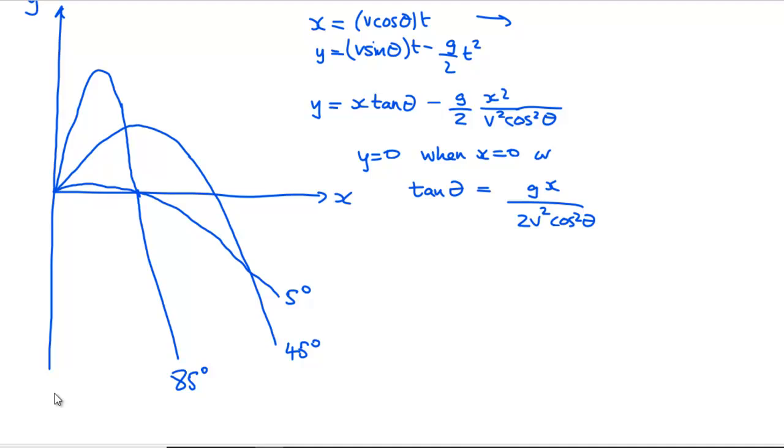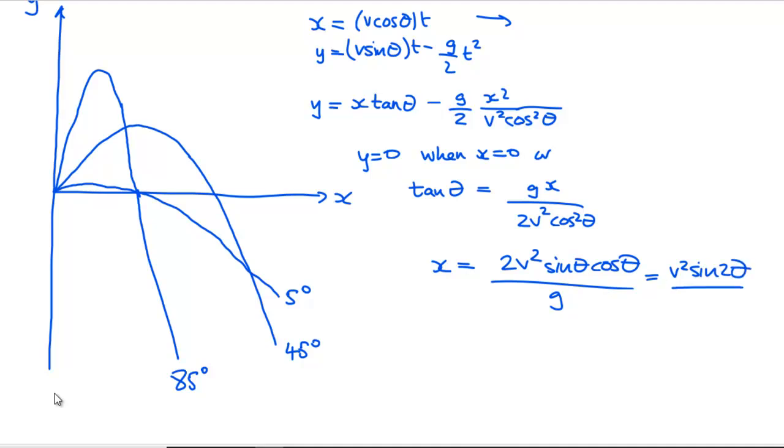So x is going to be equal to 2v squared sine theta cos theta, because one of the cos is going to cancel, divided by g, which is a double angle, so v squared sine 2 theta over g.